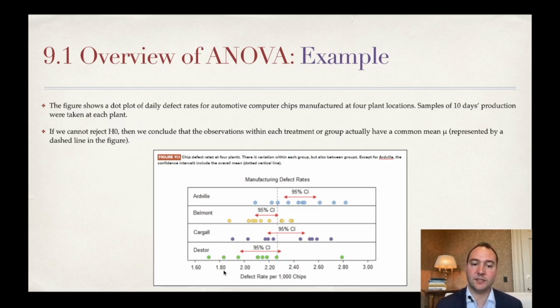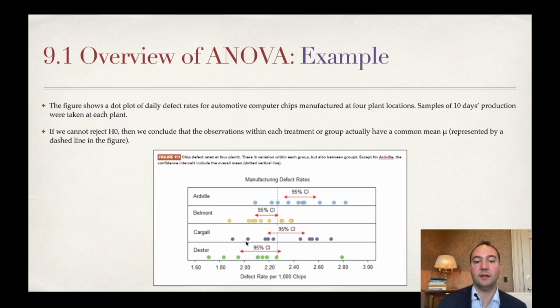And let's say we have some observations, meaning on any given day, we counted the defect rate per 1,000 chips that were produced on that day. Okay, so if we calculate a mean, let's call it the overall mean, meaning we calculate the average of all the observations from all the manufacturing plants, we might end up with this dotted line here. This is the overall mean in this example.